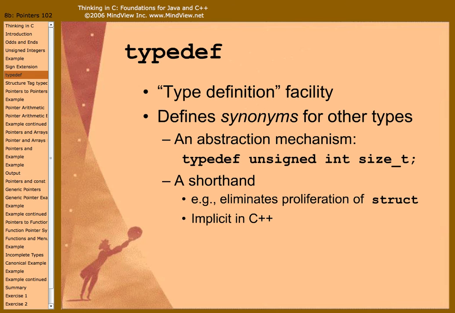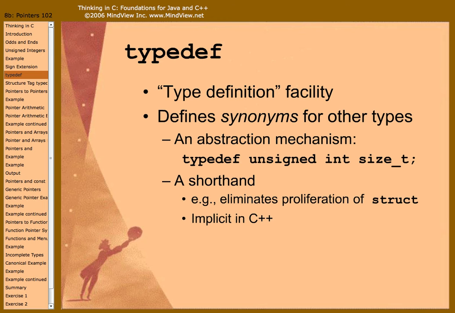Well, now you take your finger off and let the typedef come back, and what the typedef does is it makes what would have been a variable without the typedef become the synonym for the new type. So size_t is the same thing as unsigned int. So the target is whatever is in the variable position.